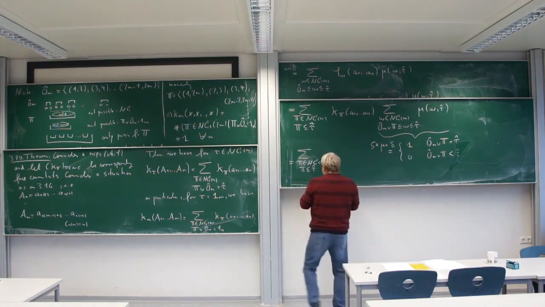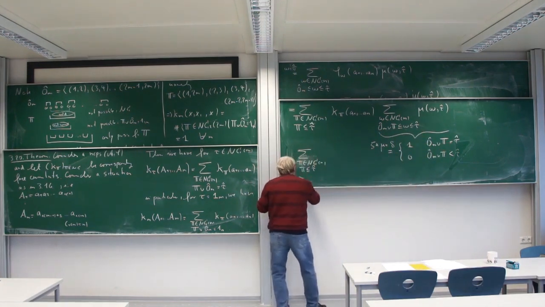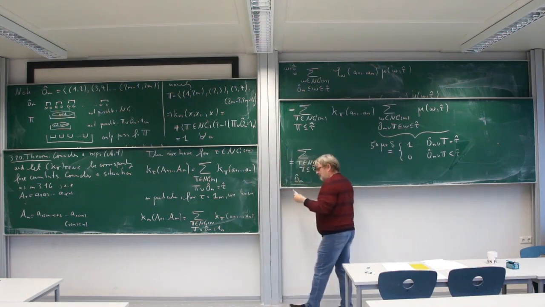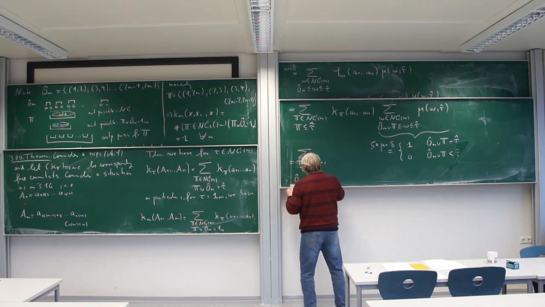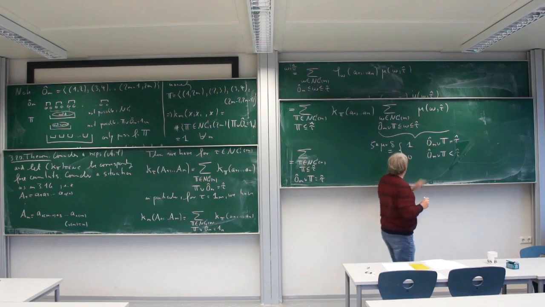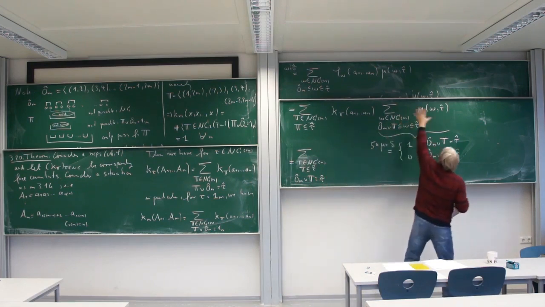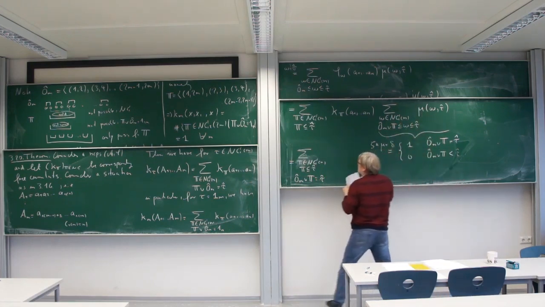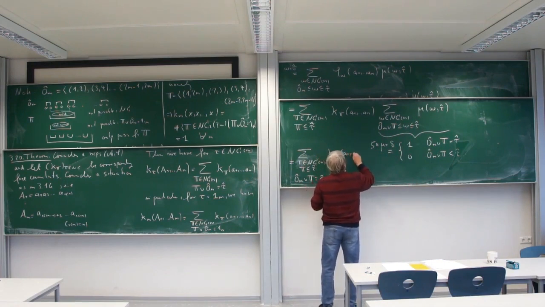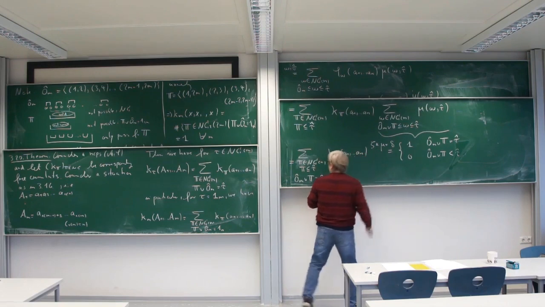So I'm actually summing over pi's which must also satisfy that the maximum of 0 m hat and pi is equal to tau hat. If this is satisfied, then this gives me 1, and I'm just remaining with kappa pi of a1 to an.